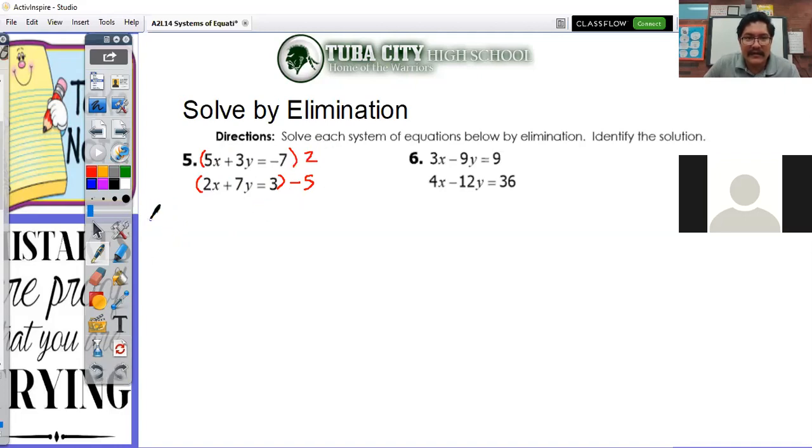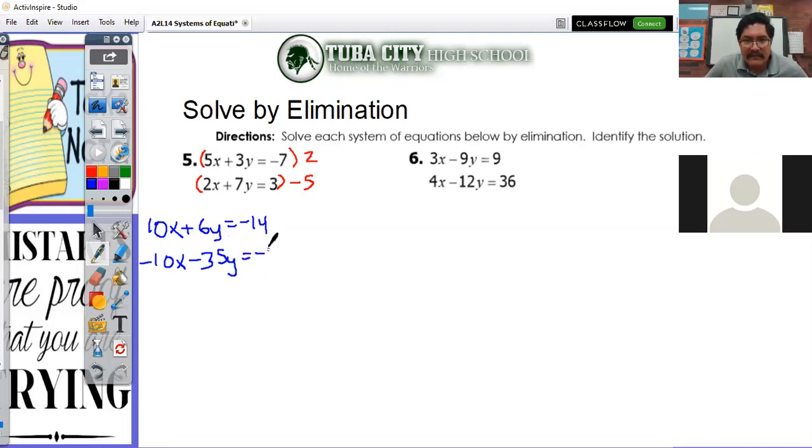So 2 times 5x is 10x plus 6y equals negative 14. And then again, double check the signs, make sure everything got doubled. All right, now for the bottom one, negative 10x, which again looks like a good start, negative 35y.